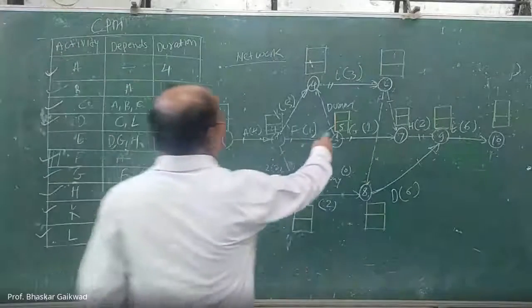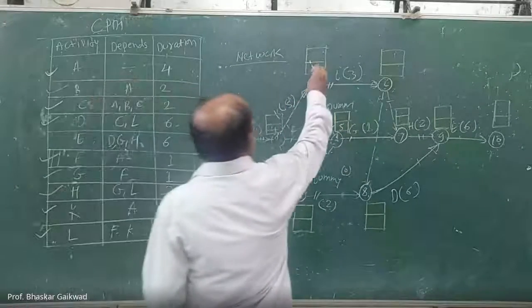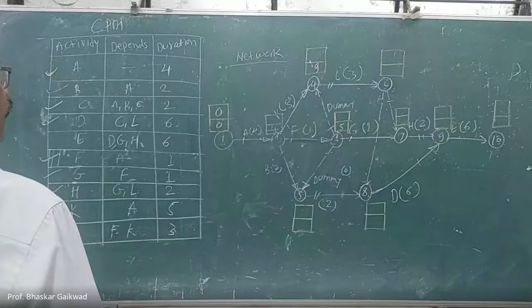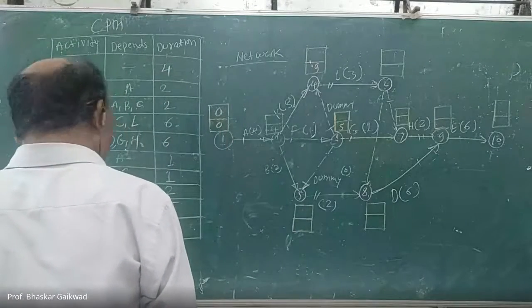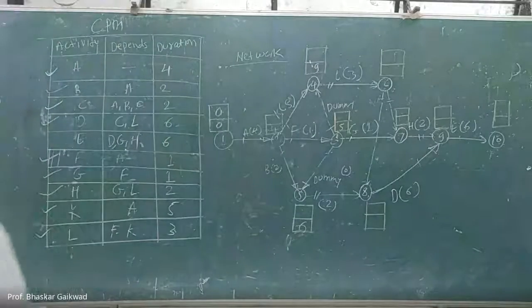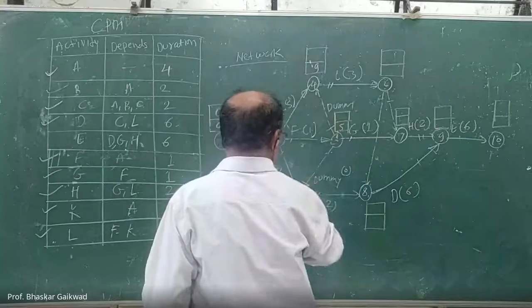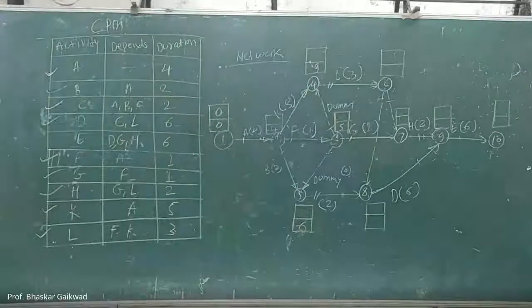So we have 5, then four to two. Next activity, nine plus three. 9 plus 3, 12.